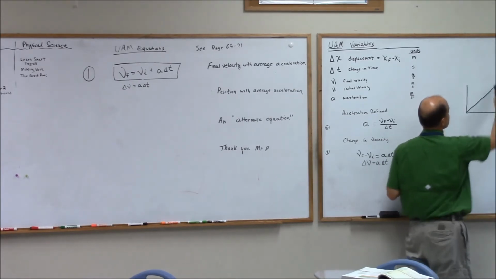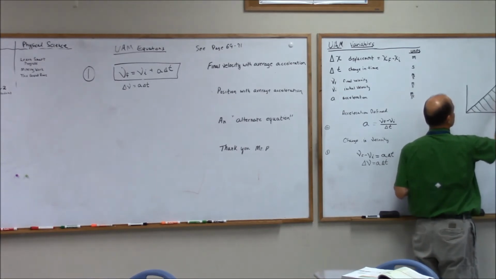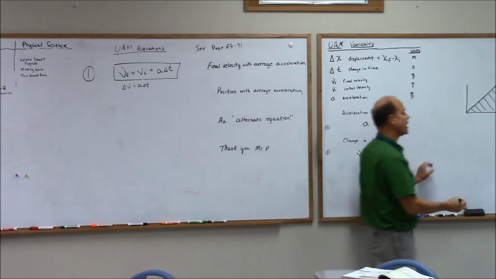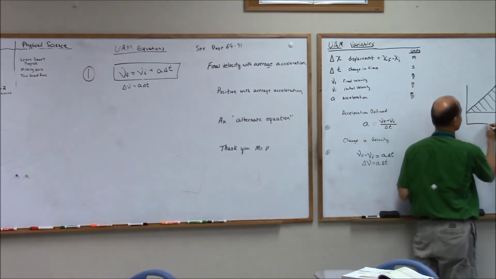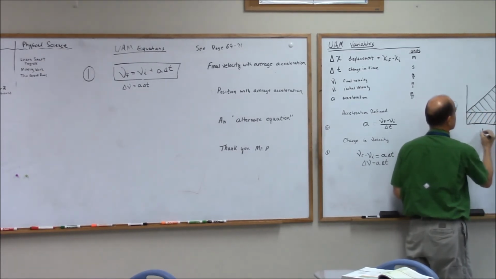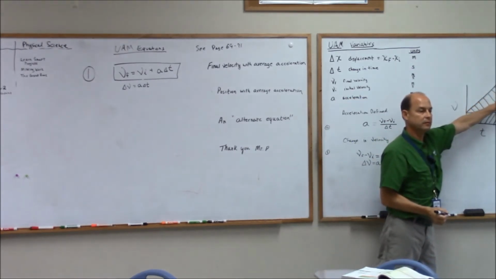This is accelerated motion here. But what if we had some initial velocity? Just take the graph that I put up there before, which was a rectangle. Some initial velocity, and then we speed up from there.